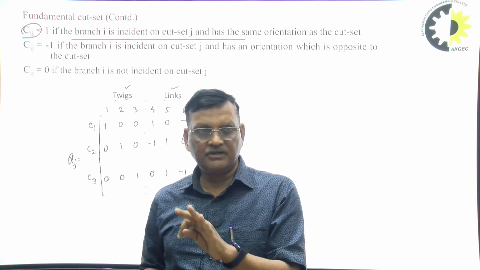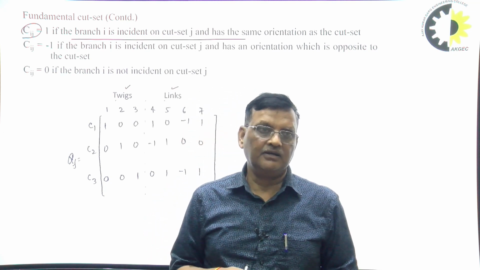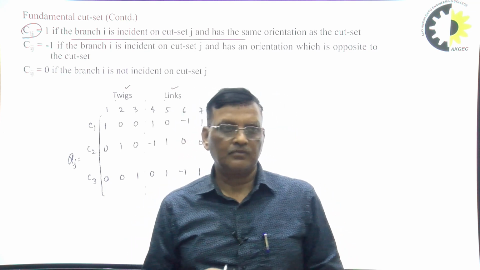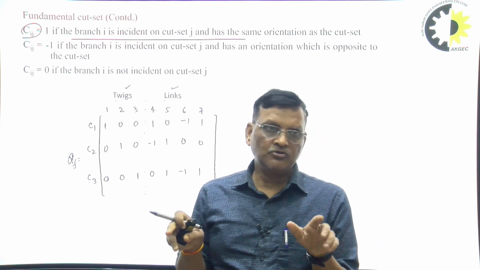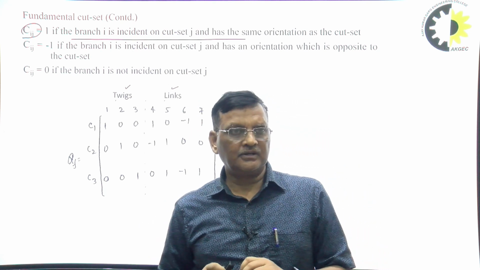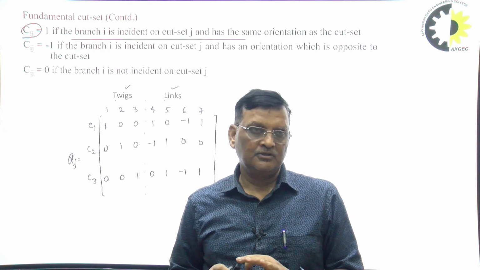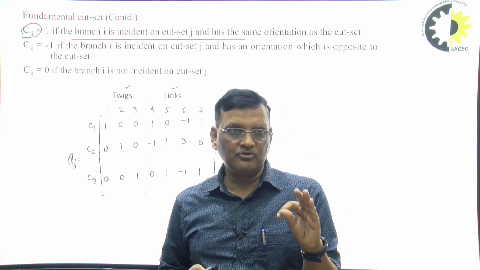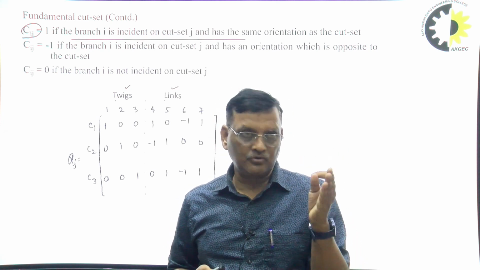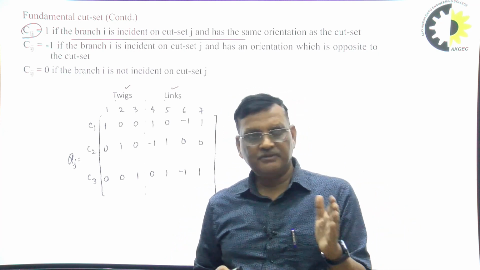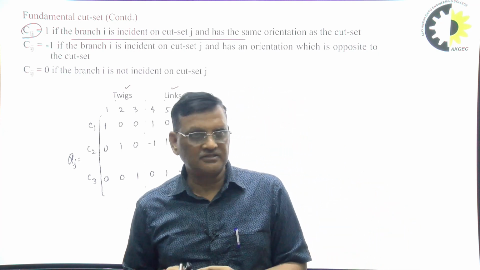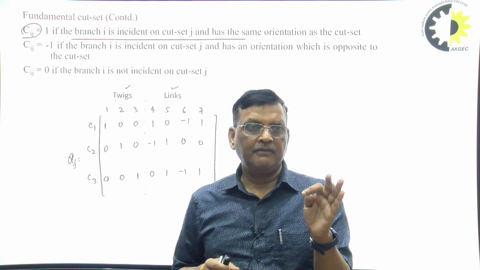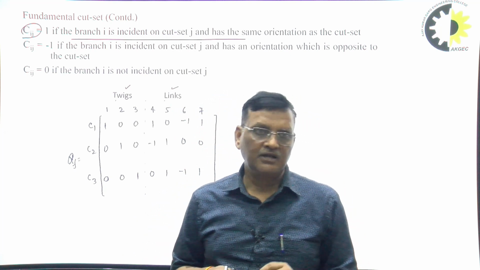Then for the incidence matrix, count the number of branches and the number of nodes in the network. If there are n nodes, there will be n rows in the matrix A, and if there are b branches, there will be b columns.